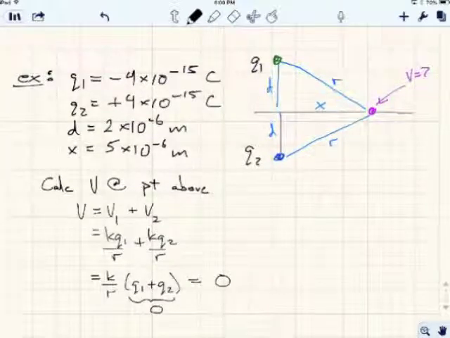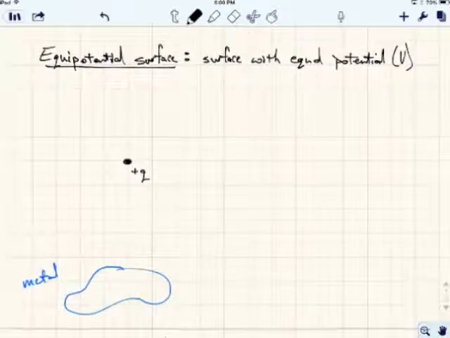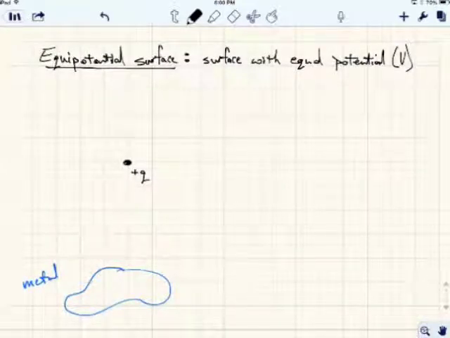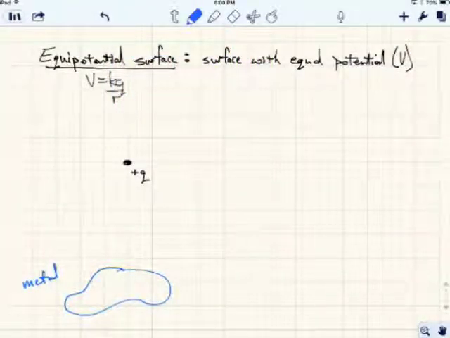So now I'm going to introduce a concept called the equipotential surface. And what that means is it's a surface with equal electric potential on that surface. So the electric potential from a point charge is given by V is equal to KQ over R. So for a fixed distance away from a charge, you're going to have an electric potential.